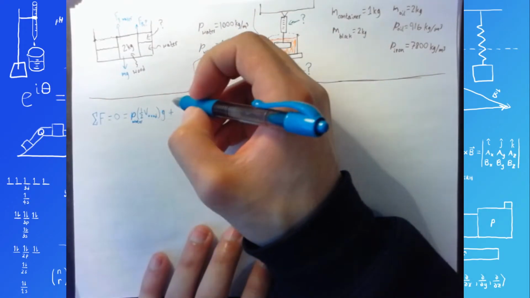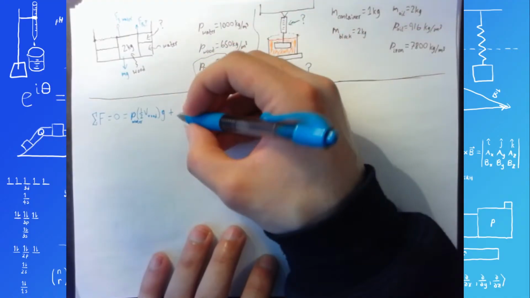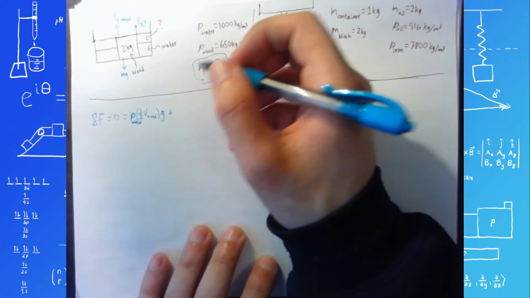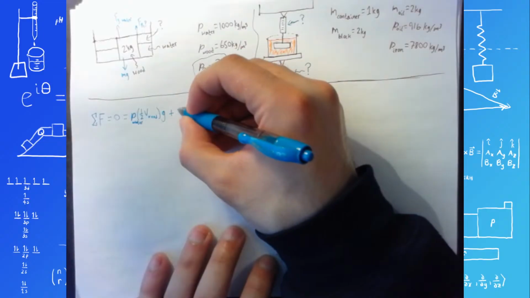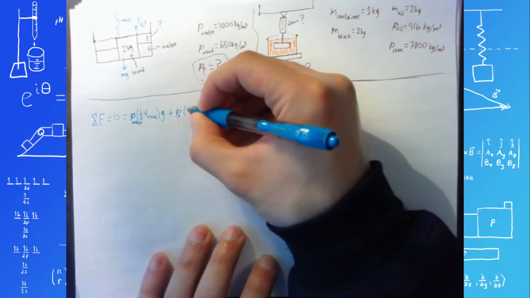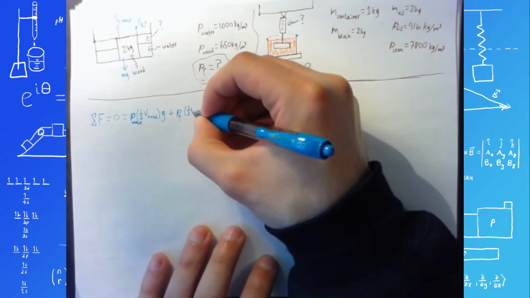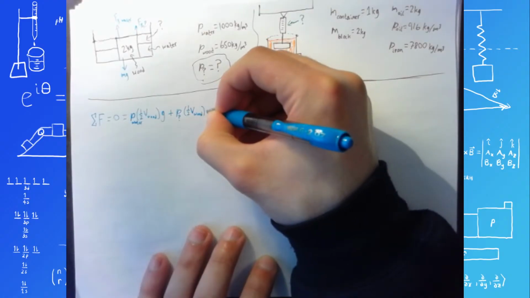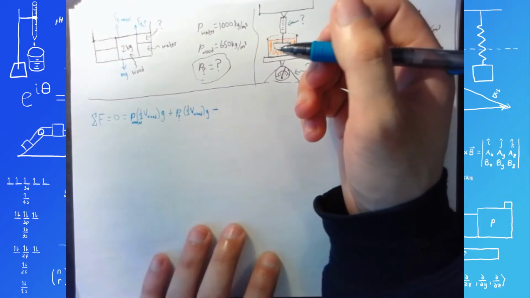So rho water times 1/2 the volume of the wood times g, plus the buoyant force due to the mystery fluid, so that's going to be rho question mark times, it covers 1/2 of the volume of the wood, times g, and then minus the mass of the wood times g.